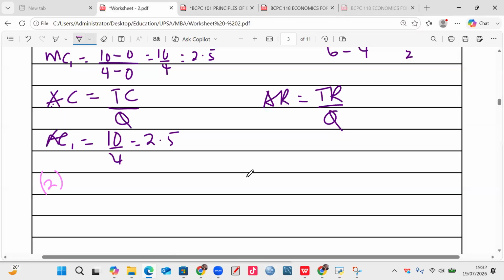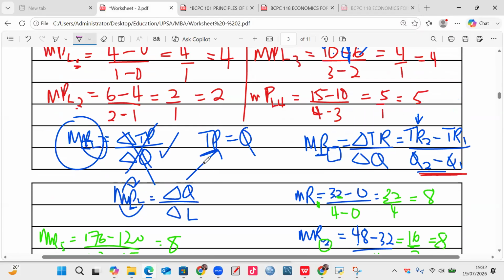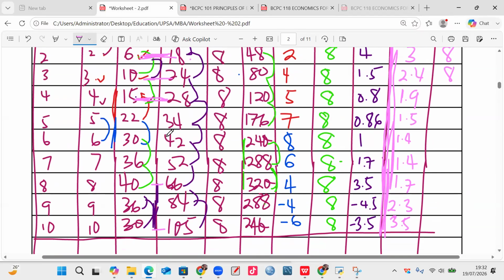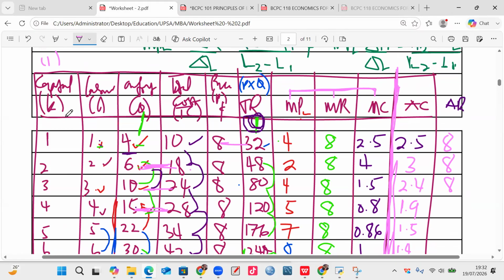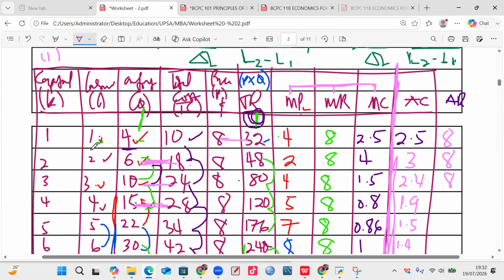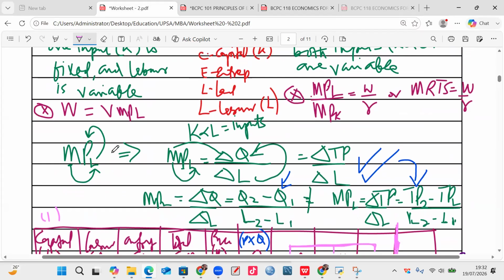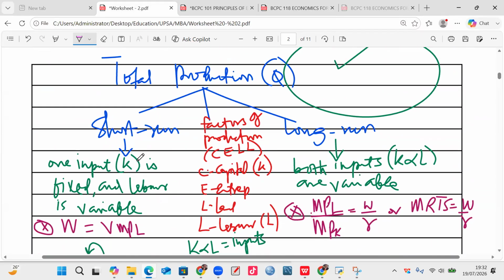We can say that in the short run, from the explanation I gave, the capital is constant. If it is 1, it will be 1 throughout. If it is 2, it will be 2 throughout. It will never change. Labor is always changing. In the short run, one input, which is the capital, is fixed, and labor is variable.